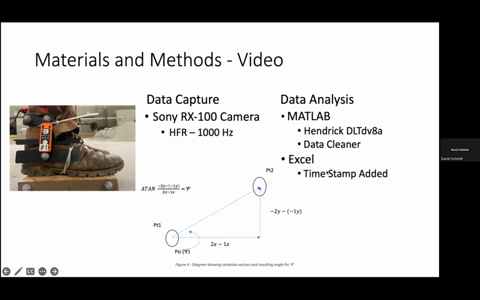To get those points, we used the MATLAB app called the Hedrick DLT DV8A app, and did some data cleaning. One problem with the high-speed video, especially with the Sony RX100 camera that we're using, is that it does not provide a timestamp for the individual frames. So I have to go in and add an assumed frame rate, which we'll get into a little bit later, but that led to some issues for us.